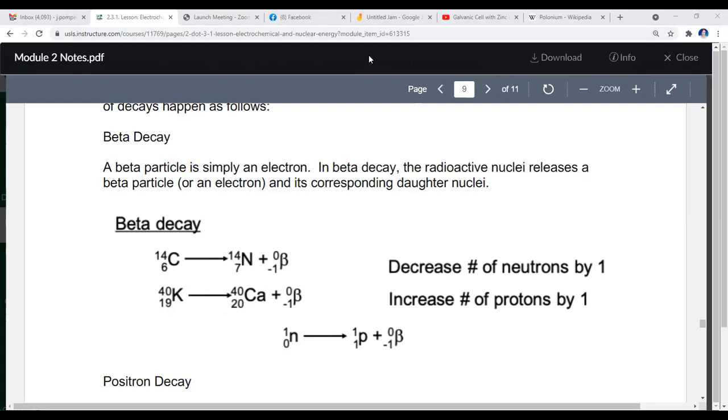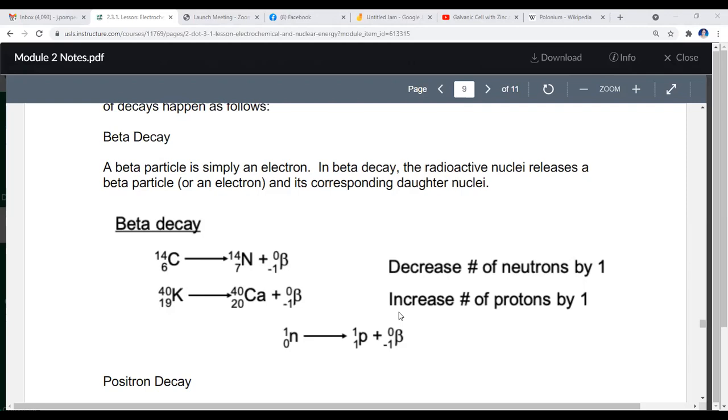Neutron splits into proton and an electron. Marian says the neutron splits into a proton and an electron.